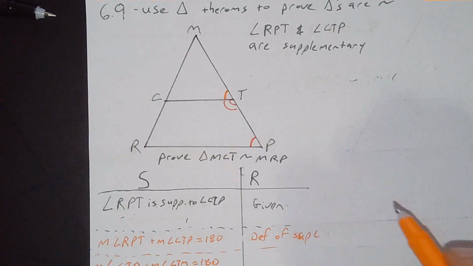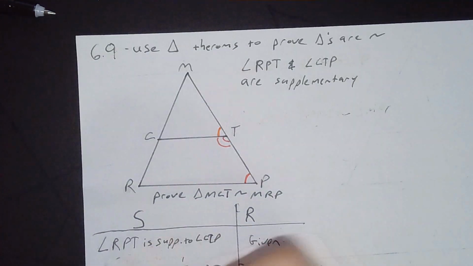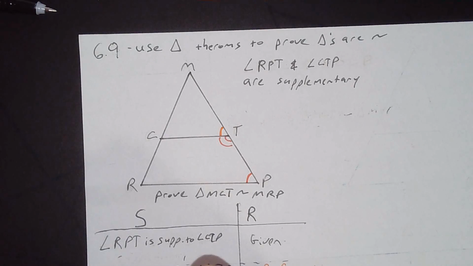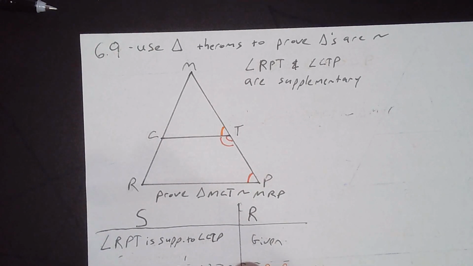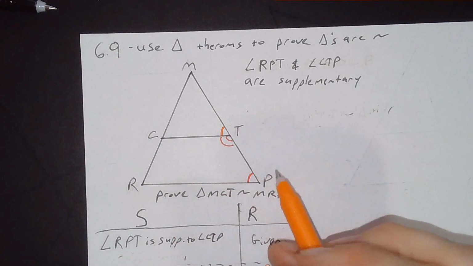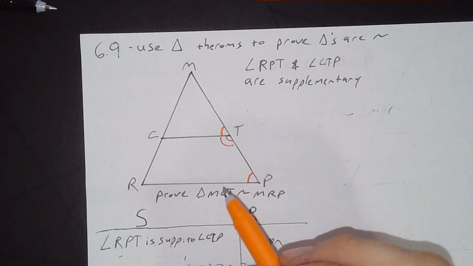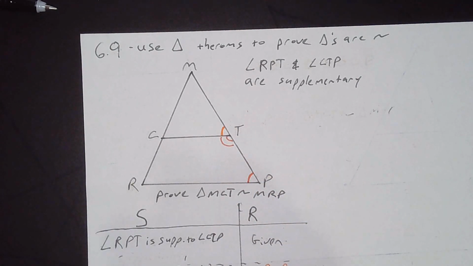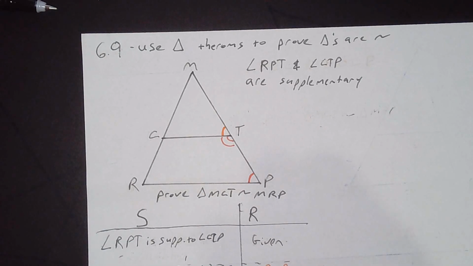Well, first we'll say angle CTM and angle CTP are supplementary, because they form a linear pair.